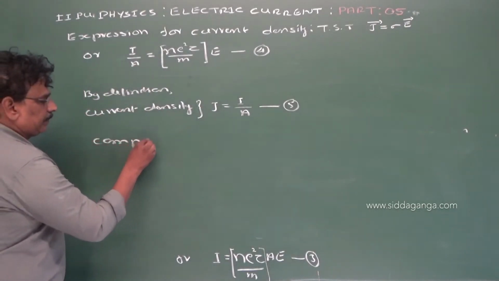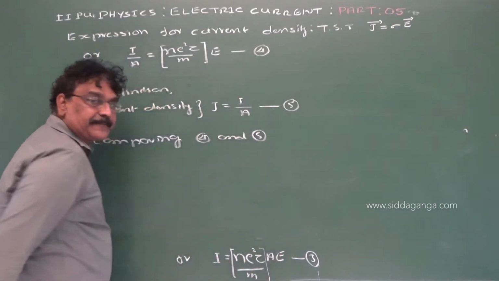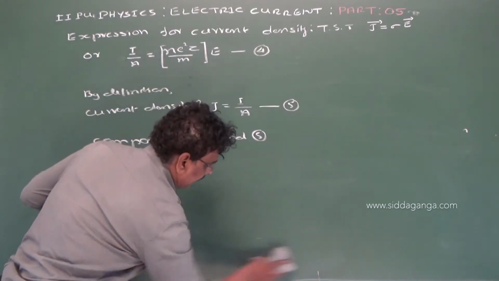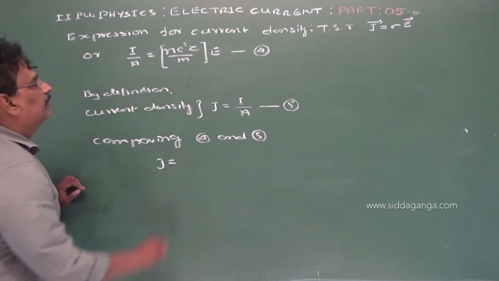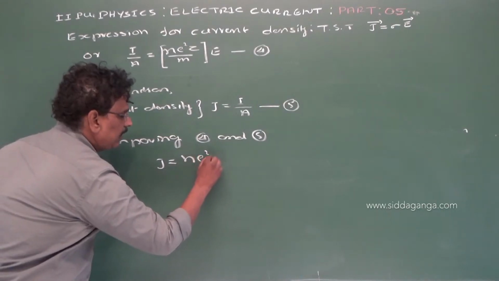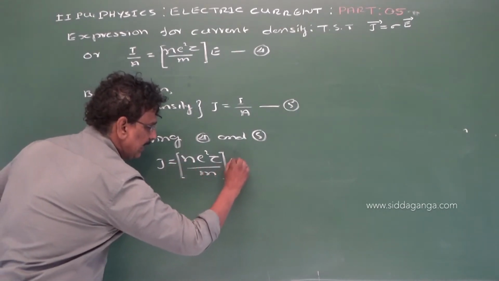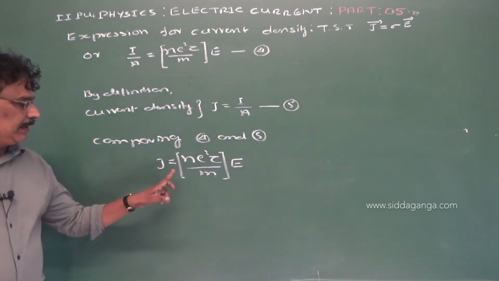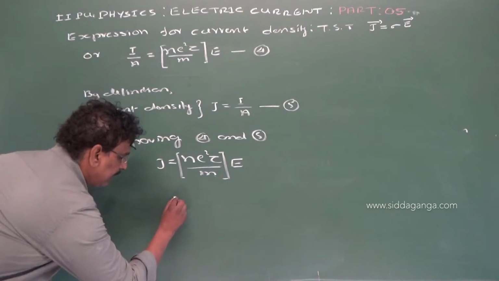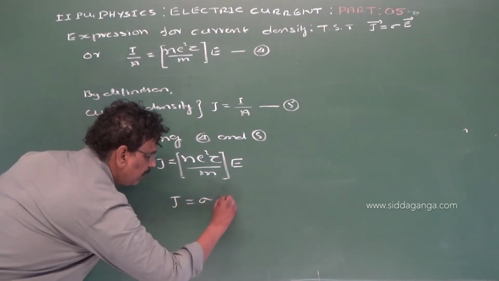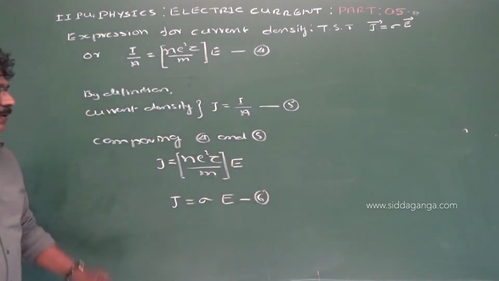Now, comparing equations 4 and 5, we get J is equal to n e square tau by m into E, where E is the electric field and J is the current density, or I can write J is equal to sigma into E. Let us take it as equation number 6.